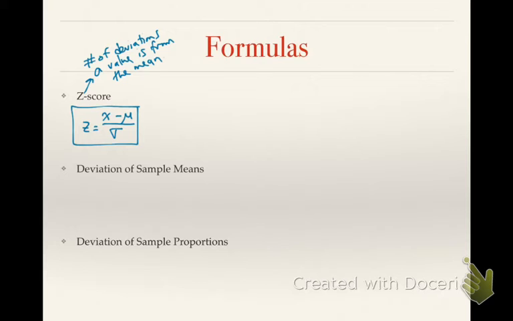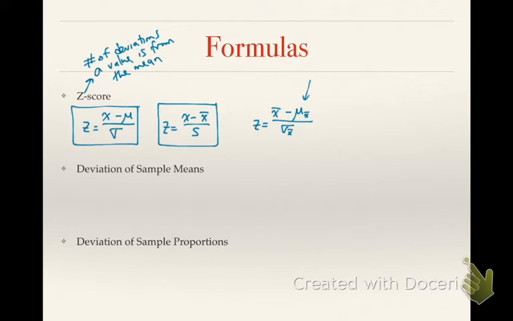Now you might see it with the sample mean and the sample deviation. So again, you might see it listed like this, x minus x bar over the sample deviation s. But notice it's essentially the same formula. Dealing with the z-score for sample means, it's going to be x bar, the sample mean that you're wanting to find the z-score for, minus the mean of the means, the mean of all the x bars, divided by the standard deviation of all the means.